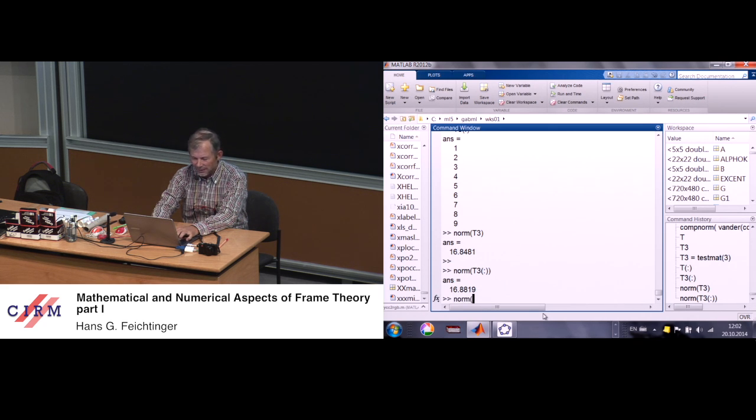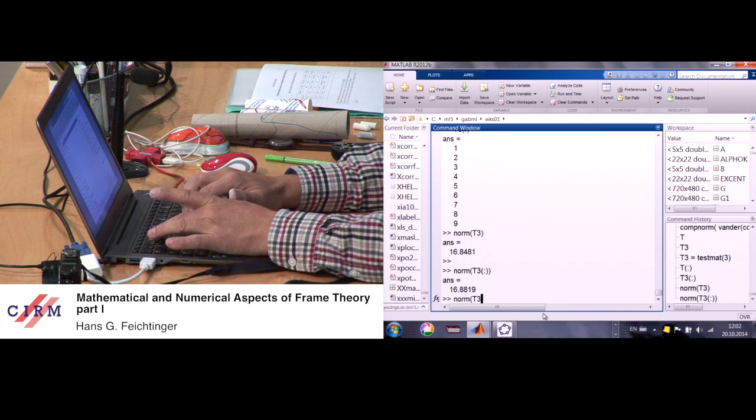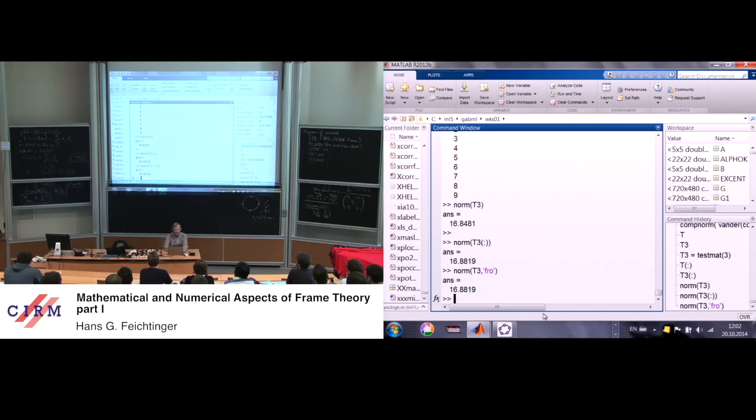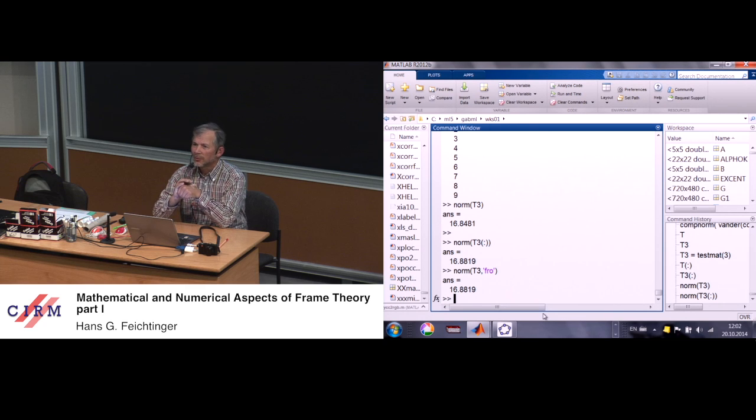But there's another command which you also might not know from daily use, the so-called Frobenius norm. The Frobenius norm is really just the norm of the vector. Now, probably because many of you have a background in harmonic analysis or Fourier analysis, you have learned about Hilbert-Schmidt operators.